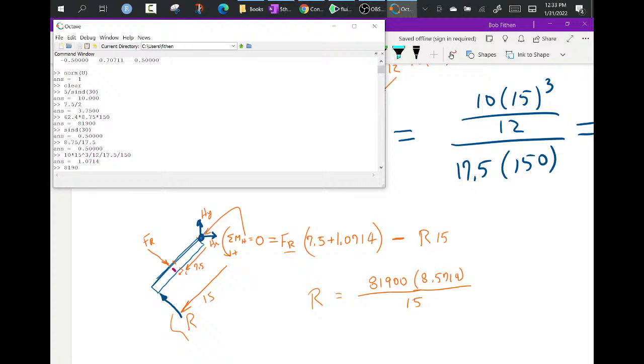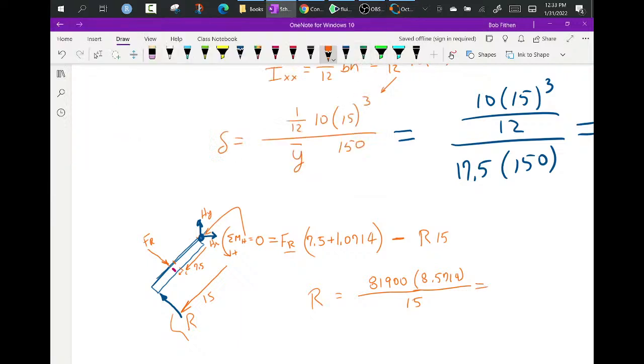And I'm sure there are extra digits, but I don't have them. 46,800. So I'm going to say 46,800 pounds.